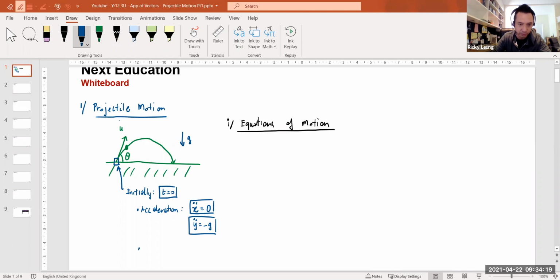Now, velocity. These are important because we're going to use this to integrate later.